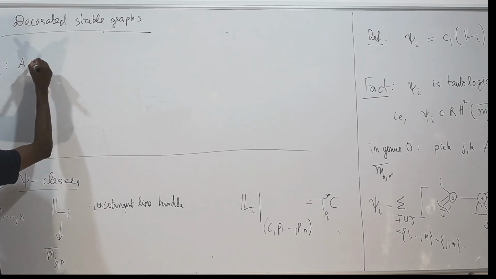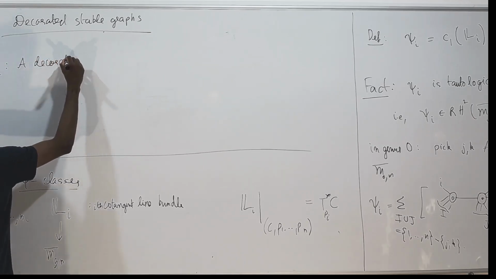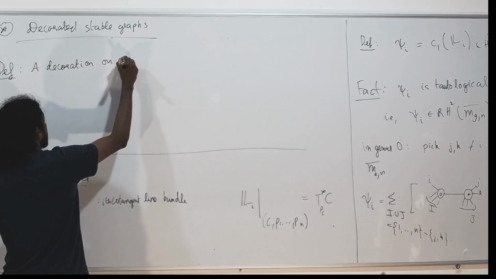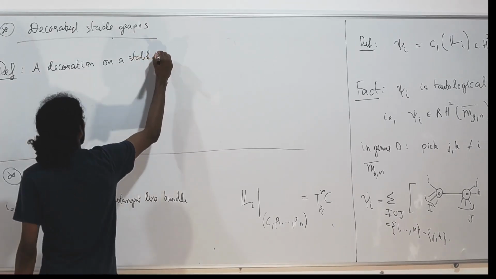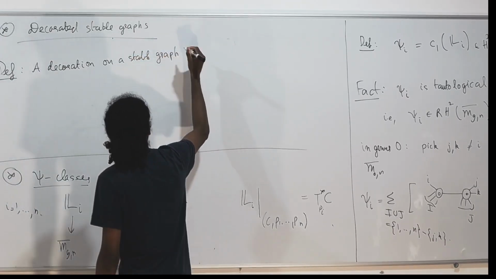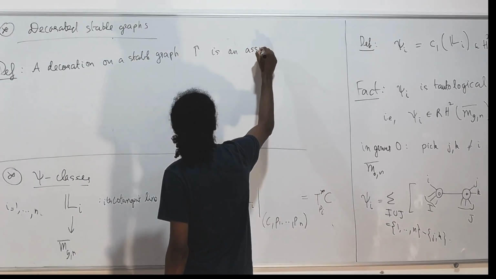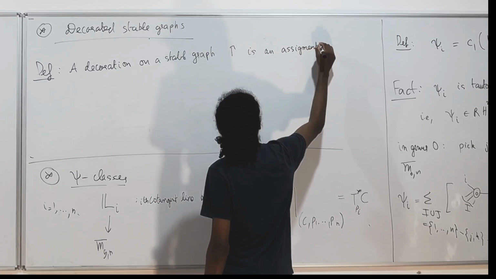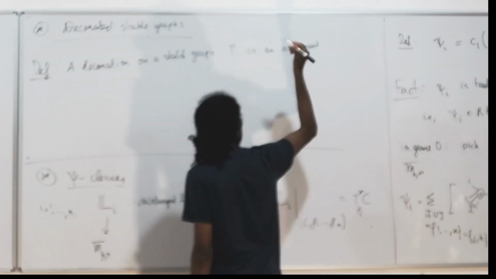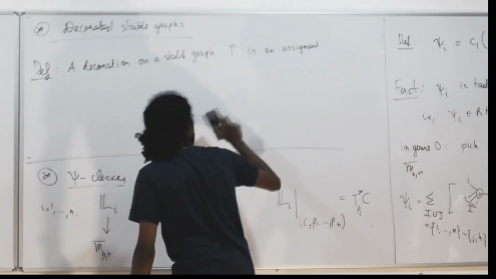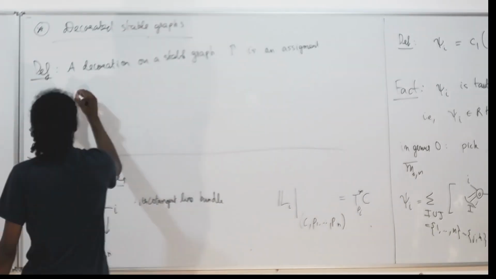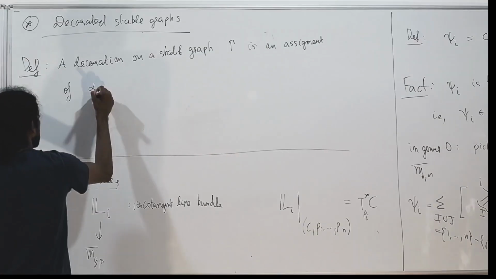A decoration of a stable graph Gamma is an assignment of some class I'll call alpha.